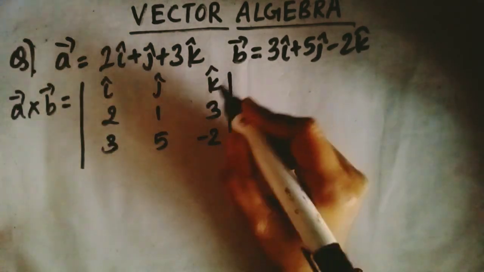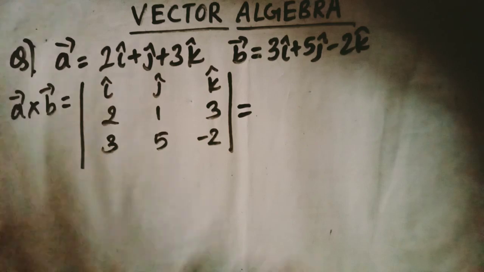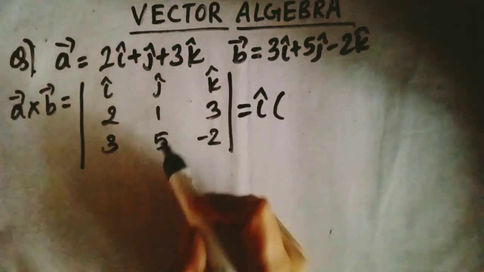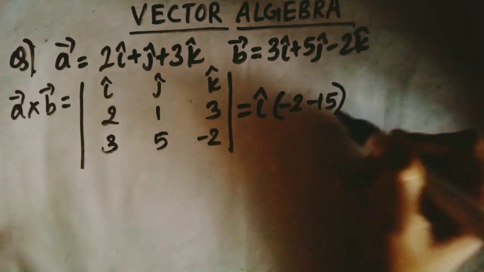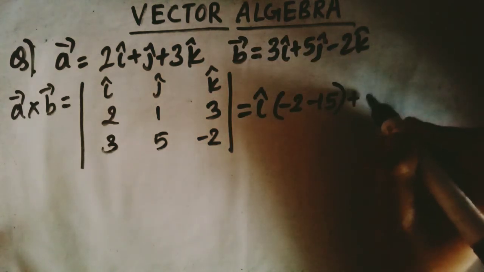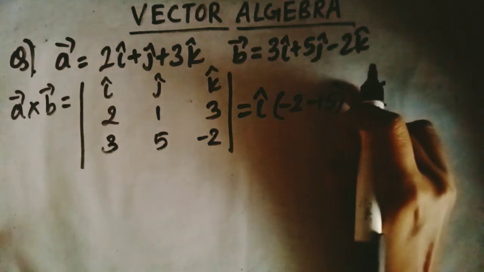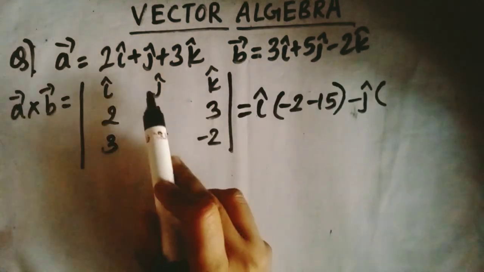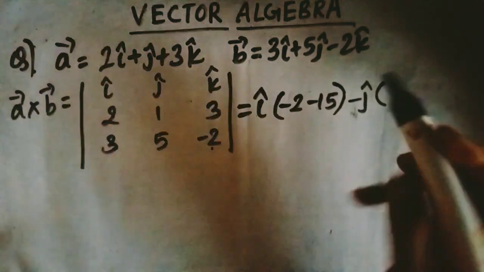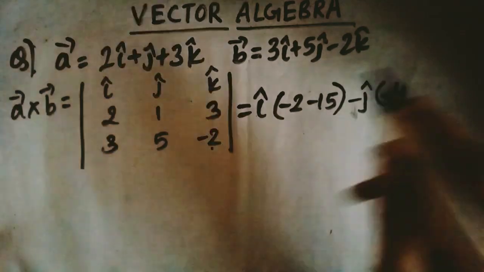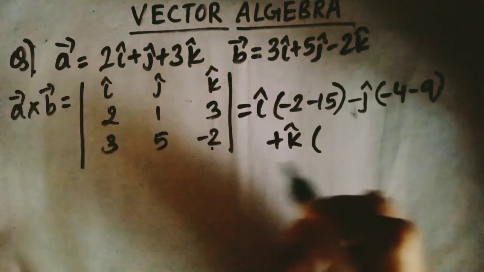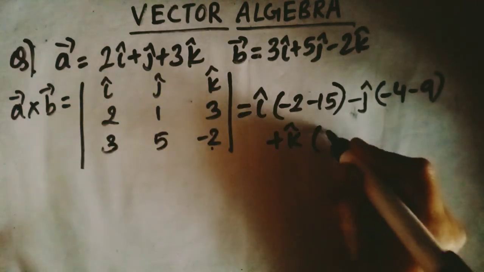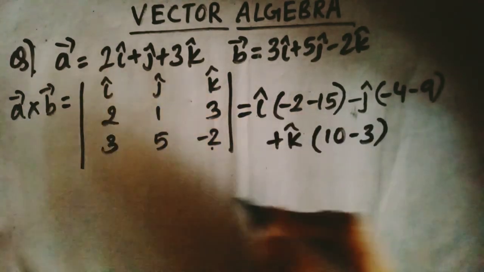So you have to find determinant: i (minus 2 minus 15) minus j (minus 4 minus 9) plus k (10 minus 3).